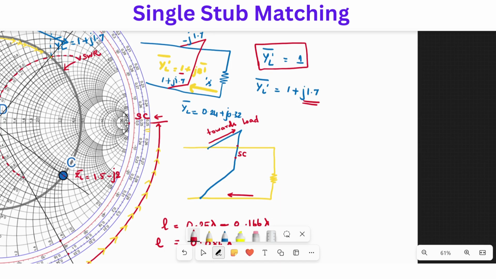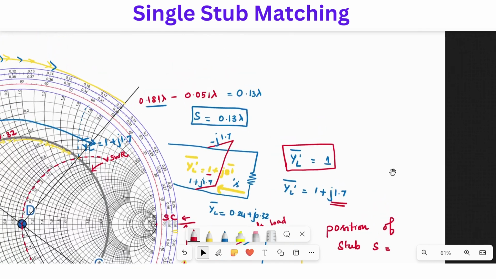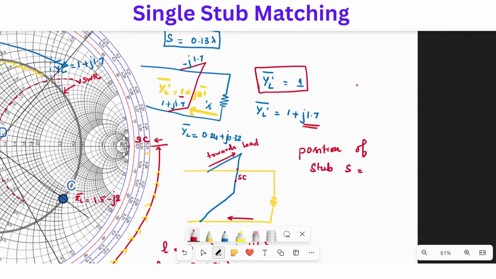The first value is the position of the stub, which we denoted as S, and the value of S is 0.13 lambda, and the second one is the length of the stub, which we measured as 0.084 lambda.